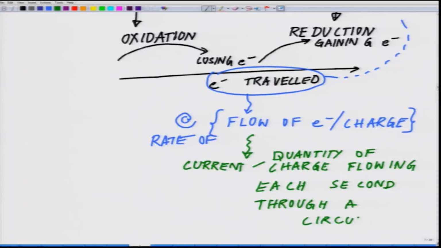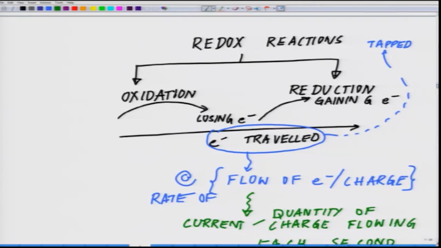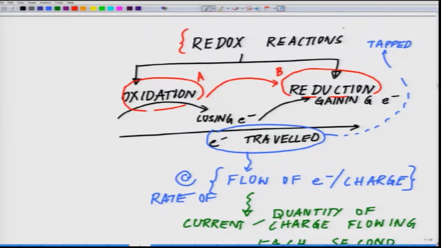Between two species, say one compound which could lose an electron and another compound which could gain an electron, if I call this A and this B, there is an electron transfer taking place, which is essentially a redox reaction.